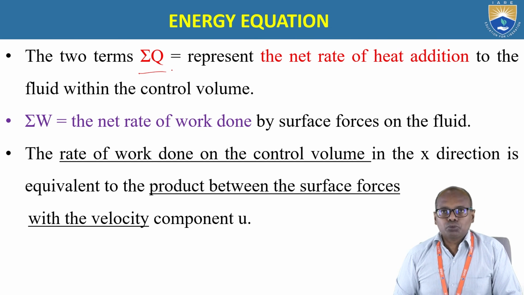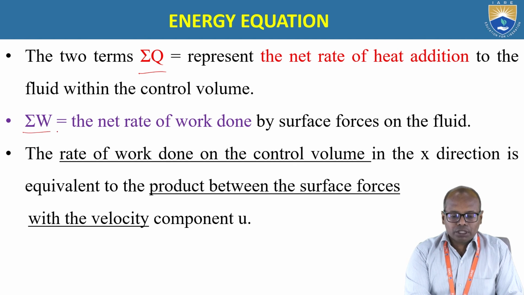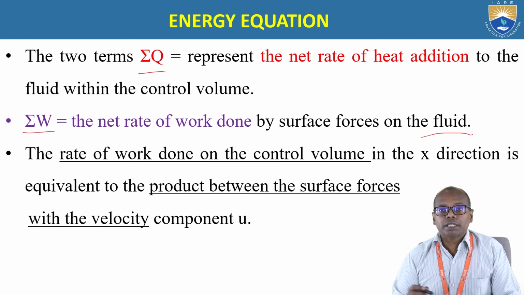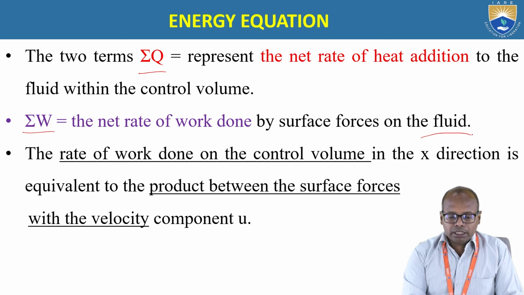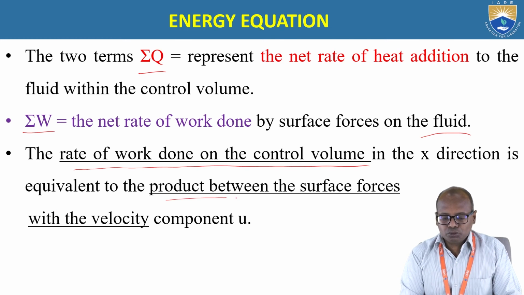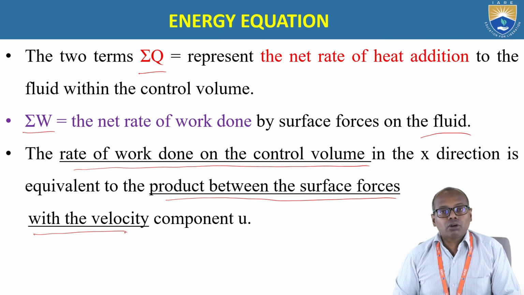The term sigma q represents the net heat added or removed from the fluid element. Now what is sigma w? It is the net rate of work done by the surface forces or the normal forces on the fluid element. The rate of work done on the control volume or fluid element in the x direction is equivalent to the product of the surface forces with the velocity component.